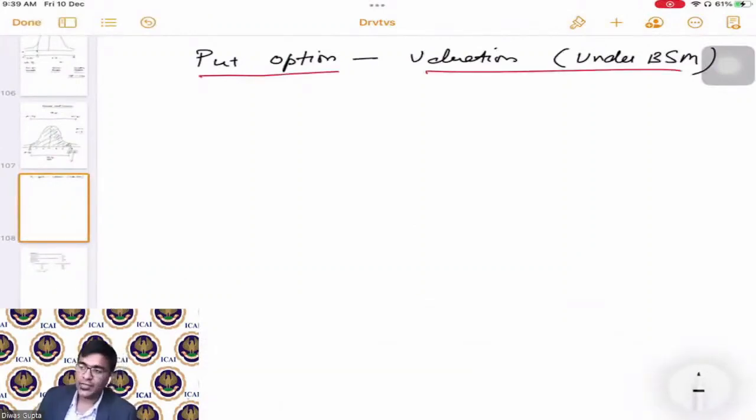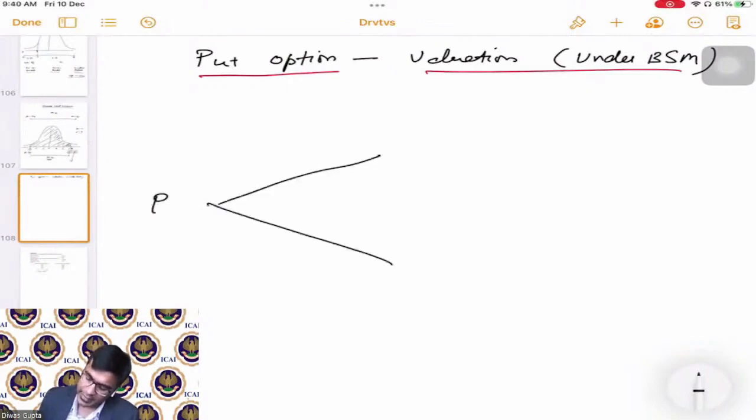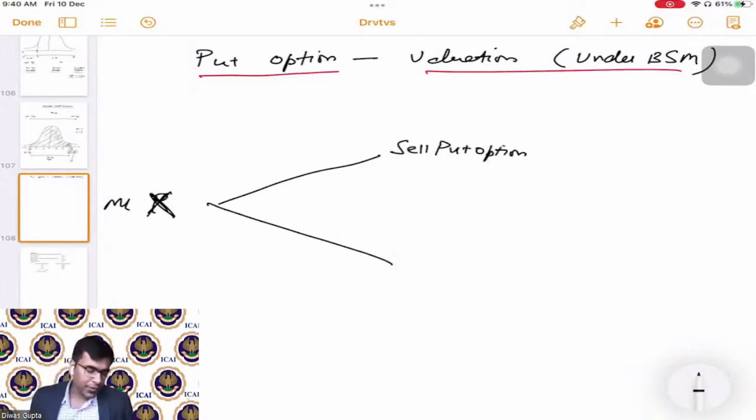So in this case, Mr. X is the person, correct? First of all, he is going to sell a put option. And for selling a put option, he needs to sell the shares now because he has to invest the strike price now, correct?